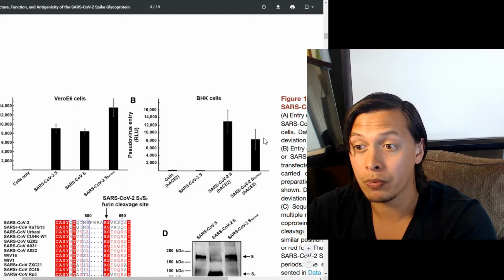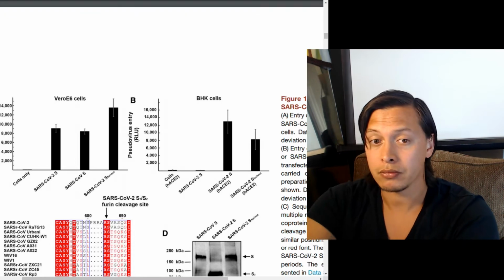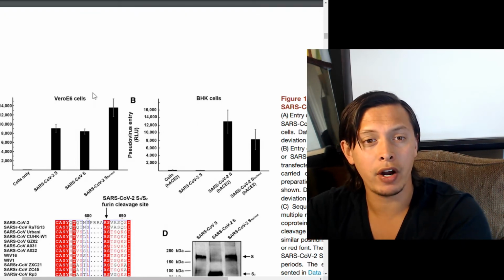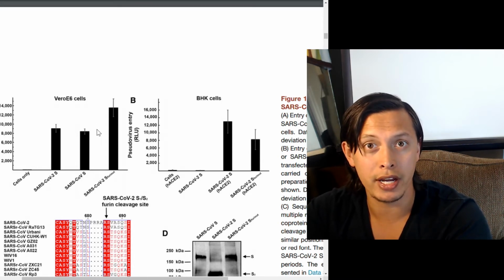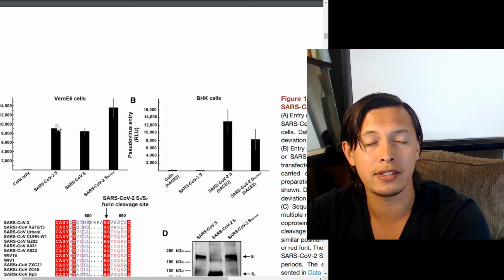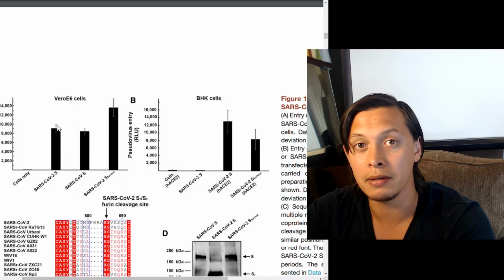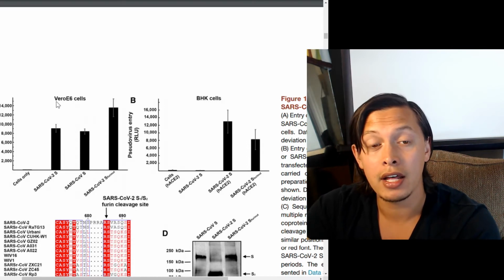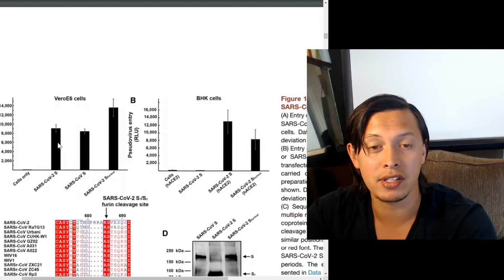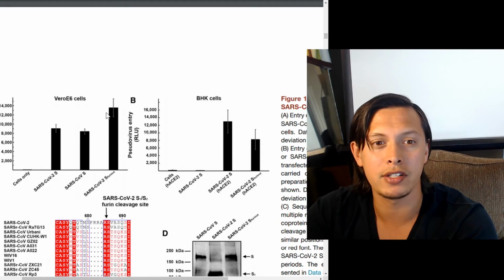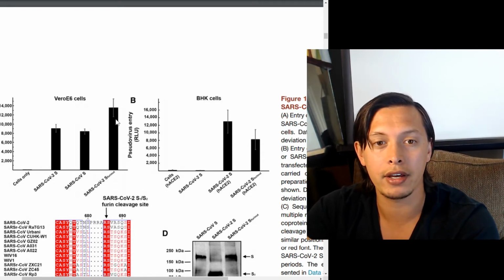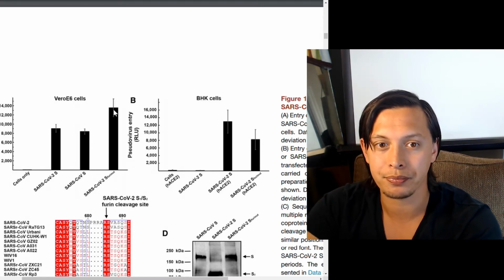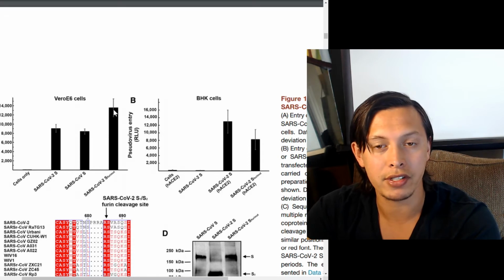Now, what this could tell you is that these very specific cells that we know express the proteases that work on the monobasic cleavage sites, since they express a lot of it, are fine, and since it's closely related, they're close enough to work well with this genetically engineered virus without the furin cleavage site.